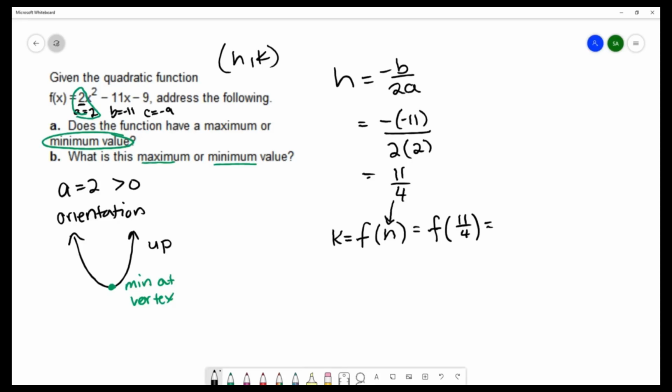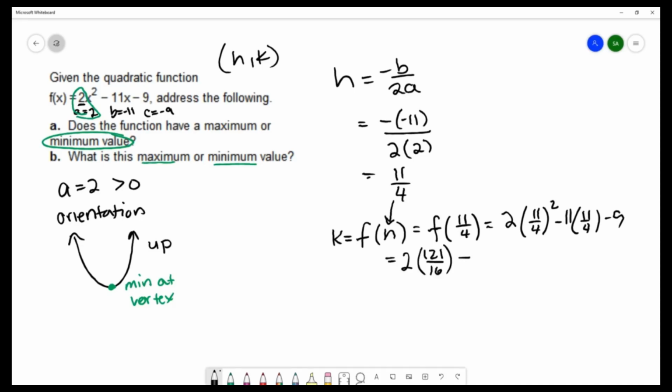So in this example, we would have 2 times 11 over 4 squared minus 11 times 11 over 4 minus 9. So we're going to have to be really careful with our arithmetic here since we have fractions. So 11 over 4 squared would be 121 over 16.